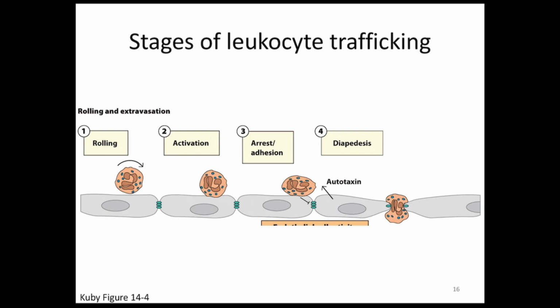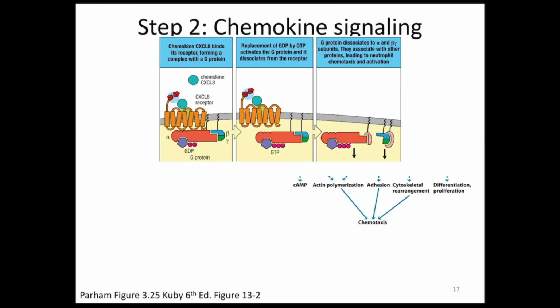Activation happens via signals from a chemokine. And so the interaction that we're seeing in this case is interaction between a chemokine and the chemokine receptor. And remember that chemokines are proteins that are secreted by different cell types.